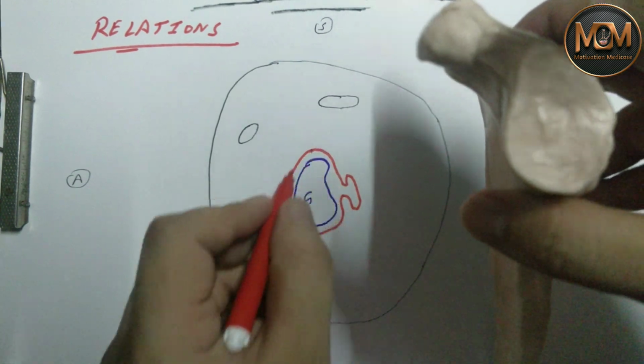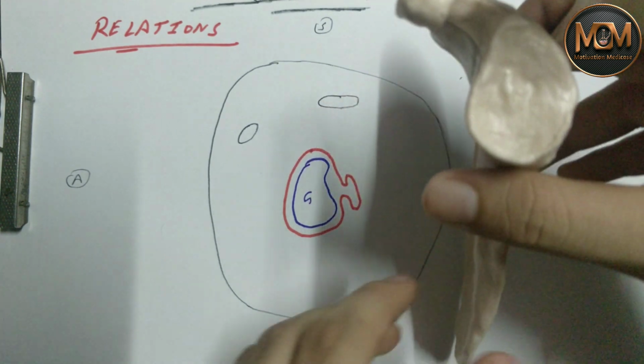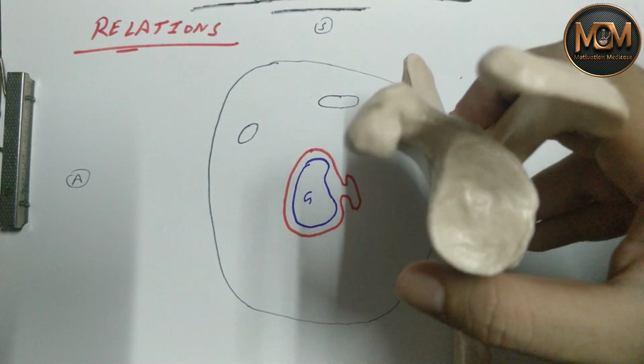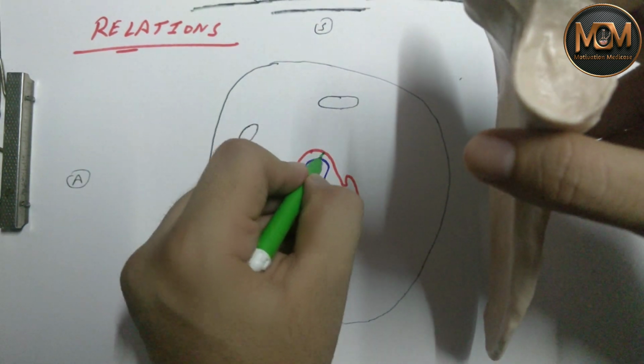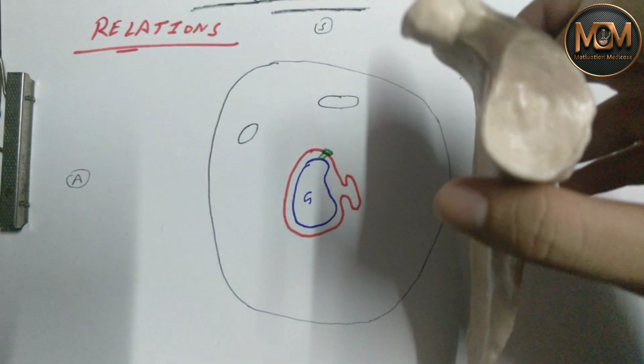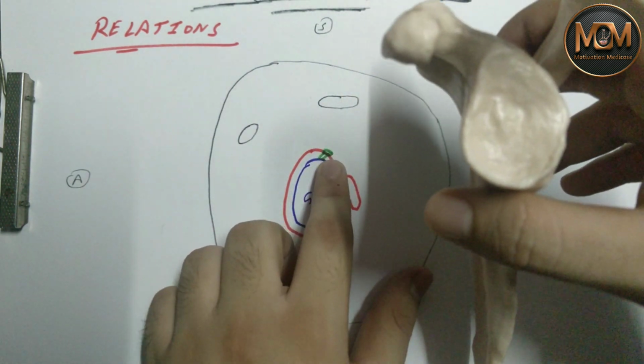There is also a bursa, that is the subacromial bursa. And there is also one structure passing through this glenoid fossa, that is the biceps short head, also present over here. Sorry, this is the long head of biceps.